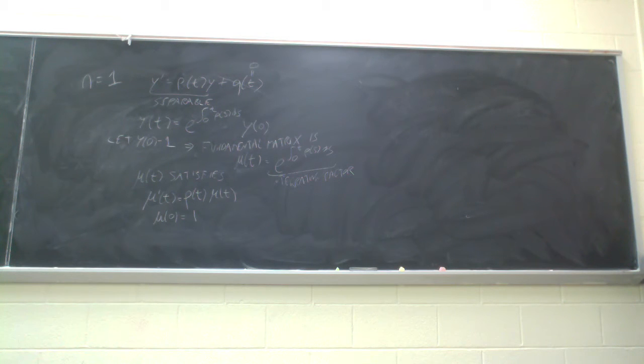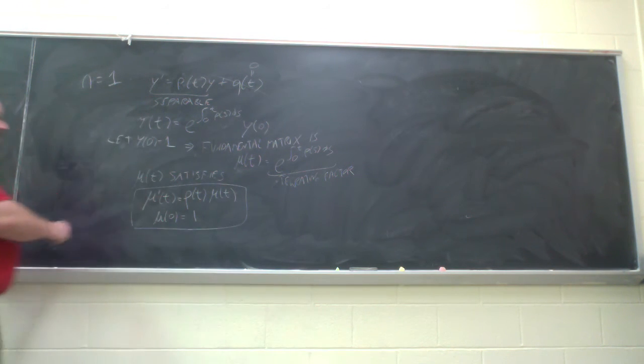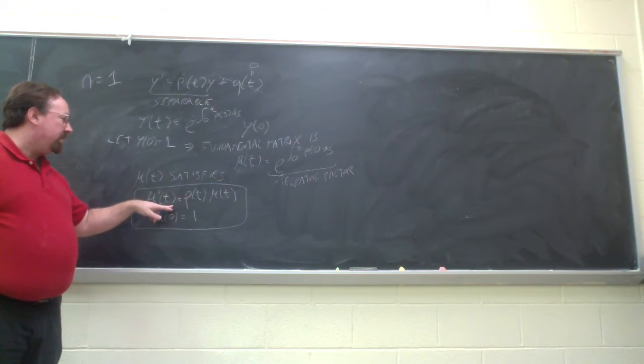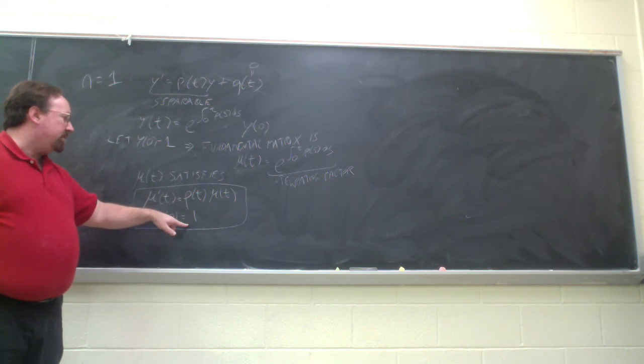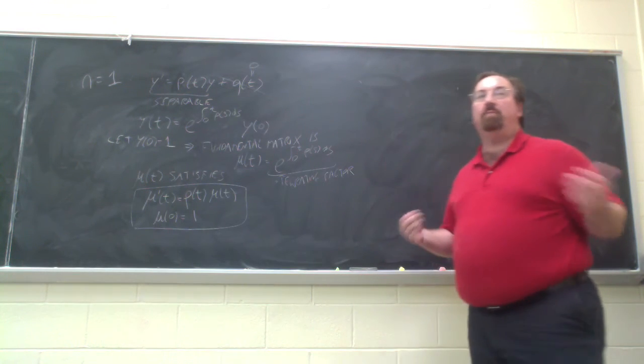So this is a problem in one dimension that the fundamental matrix solves. We can characterize it that way: your fundamental matrix satisfies a system of ODEs where this is the matrix of your system, and the initial condition is the identity matrix.